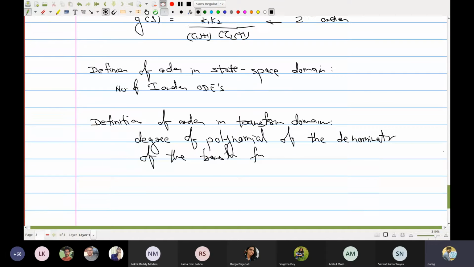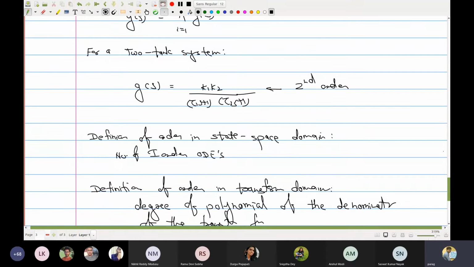Okay, so what is the degree of the polynomial in the denominator of the transfer function? It is 2. You can see here. Therefore the order of the system is 2.